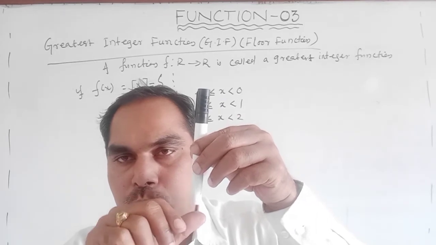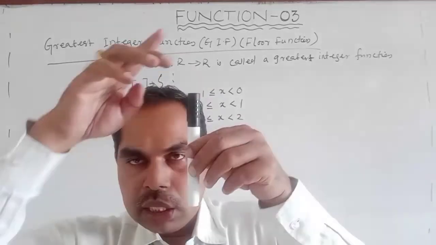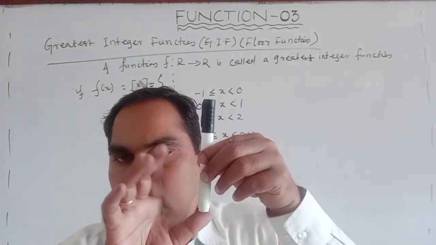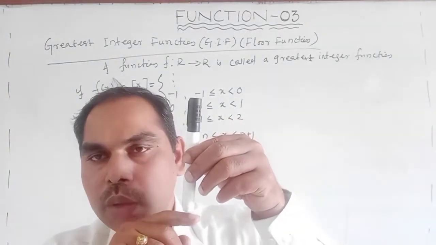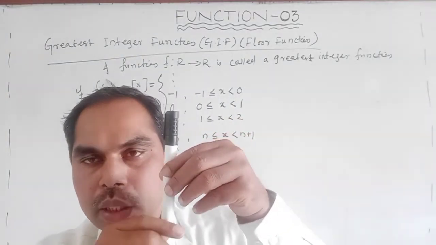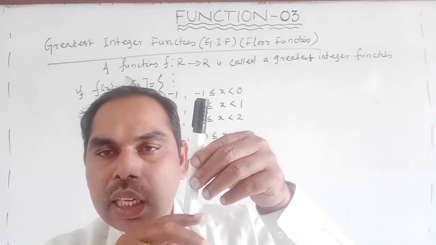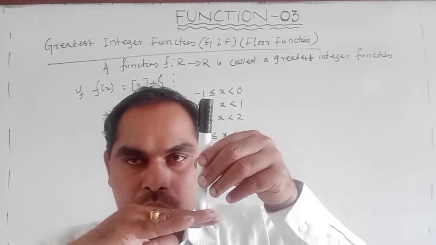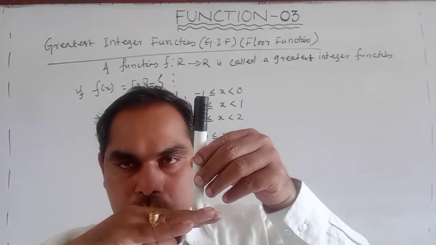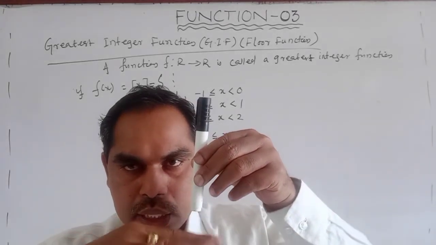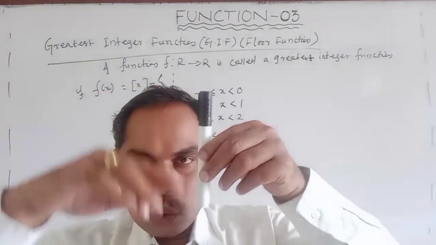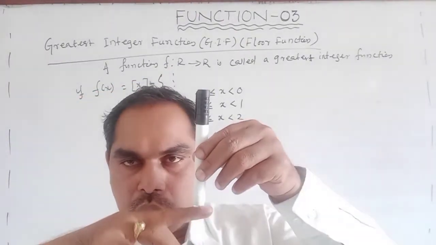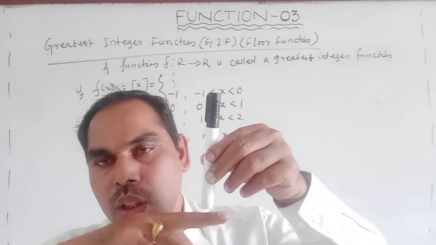This is called floor and this is called ceiling. So the function is also called the floor function, because we take only the floor value. This is -1, this is 0, so we choose this value. This is called floor, so the function is also called the floor function.